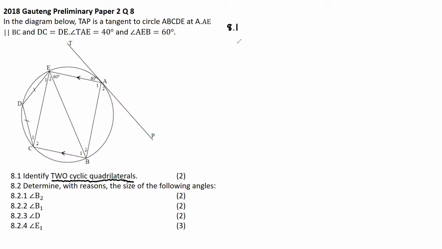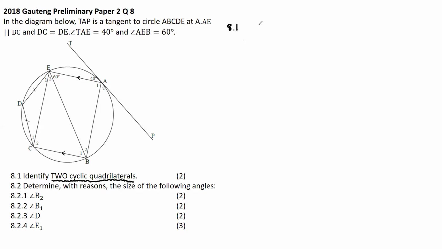Remember, I said in the previous question that a cyclic quad is a four-sided shape where all the points are on the circumference. Four-sided shape where all the points are on the circumference. So let's see if we can identify a cyclic quad in this case.